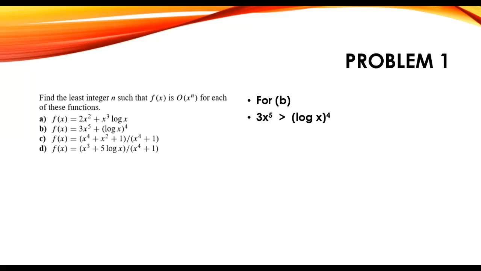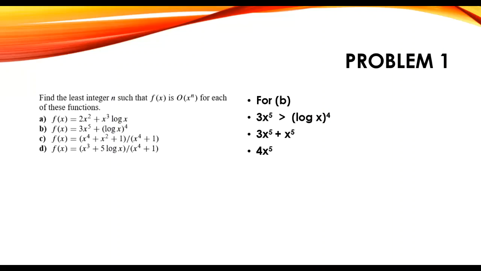Therefore, log x to the fourth could be replaced by x to the fifth. Not the whole 3x to the fifth, just the x to the fifth, which is bigger than log x to the fourth. So our new equation is 3x to the fifth plus x to the fifth, and adding, we have 4x to the fifth.